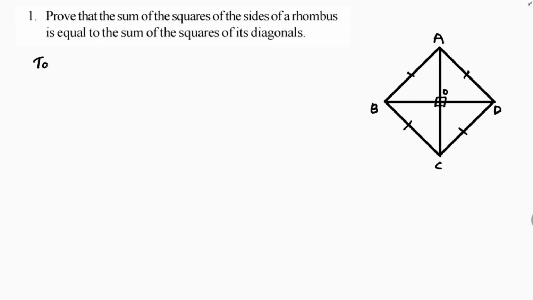To prove here, the sum of the squares of the sides, AB square plus BC square plus CD square plus DA square, is equal to the sum of the squares of the diagonals AC and BD, because the diagonals here are AC and BD.